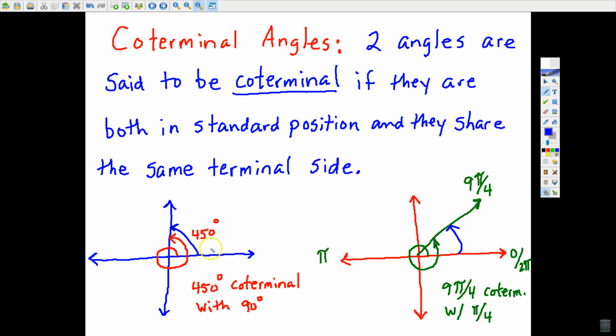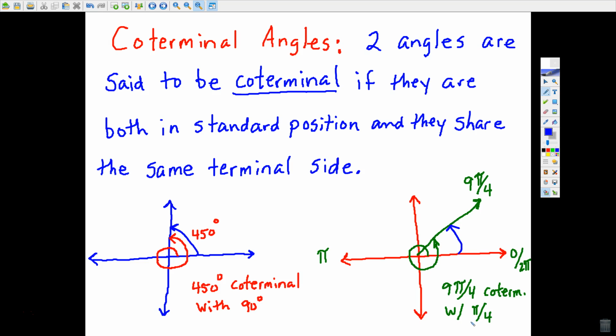And you're going to see where this really comes in handy when we're asked to find trig values for angles that are really big, and we're not as familiar with those. Using this idea of being coterminal, I can take an angle like 9 pi over 4, which I'm not familiar with, and make that the same as pi over 4, which is the same thing as 45 degrees, and we are familiar with that.